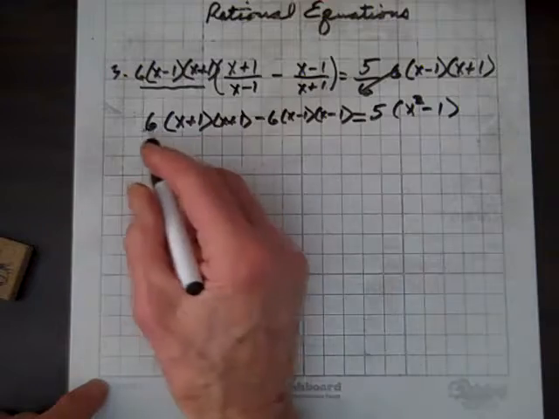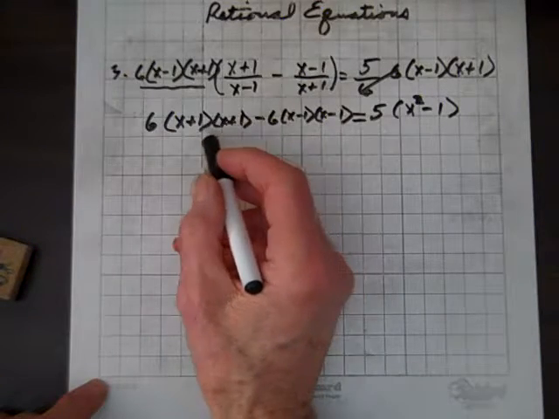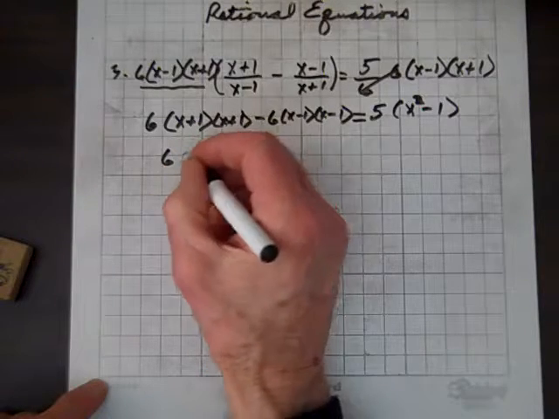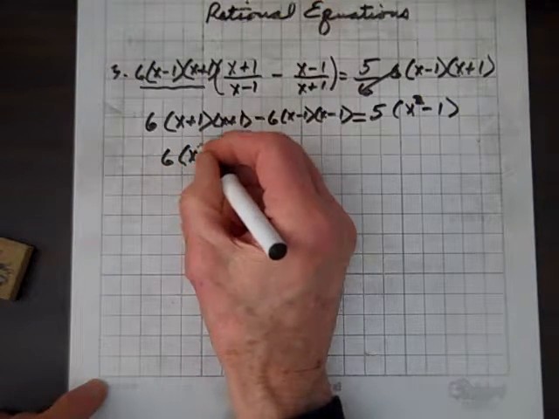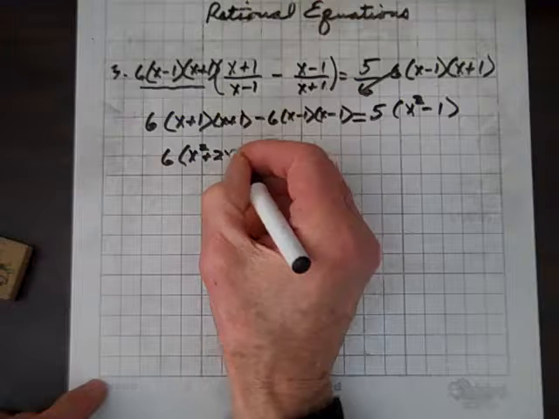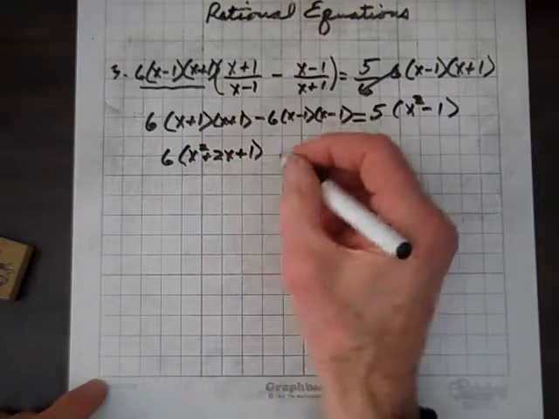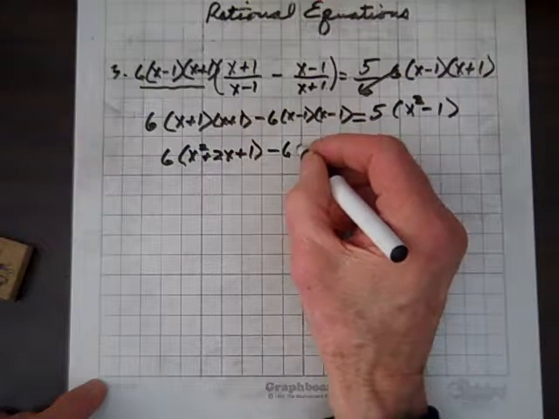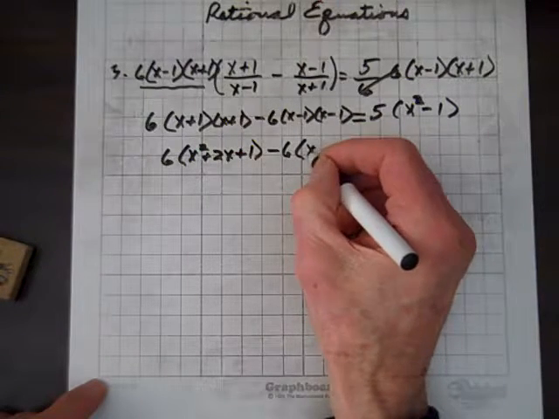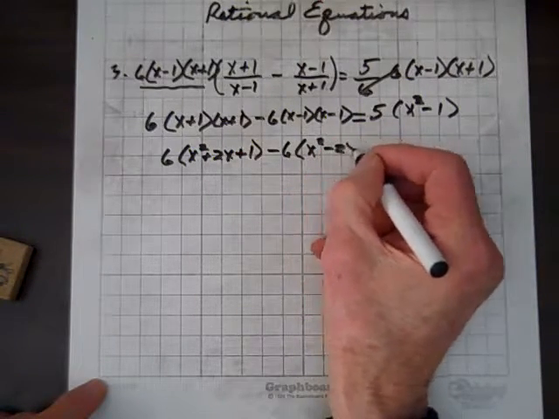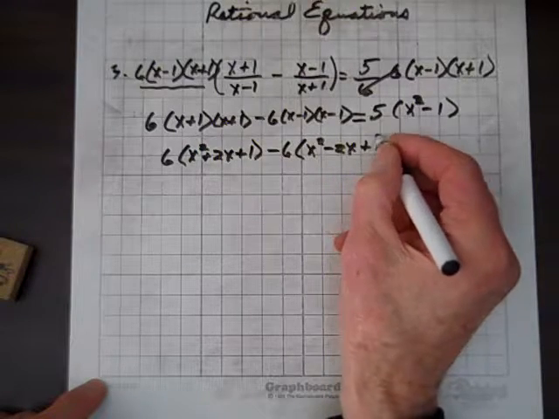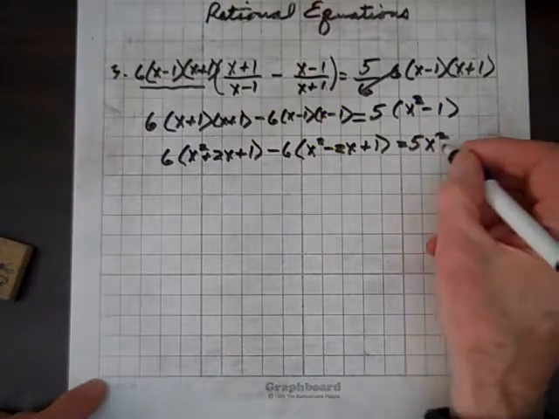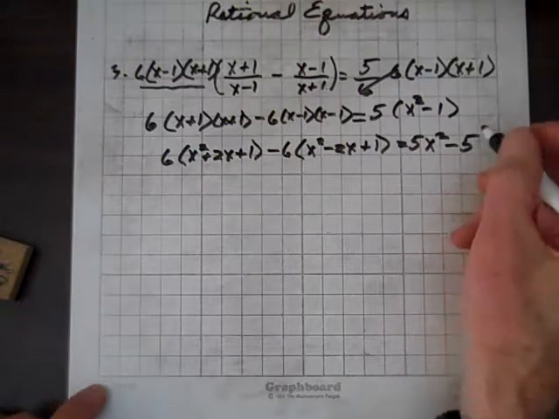Okay, now we'll FOIL this out, and this is just a perfect square. When we square it, we get 6 times x squared plus 2x plus 1. And this is going to be minus 6 times, and again a perfect square, x squared minus 2x plus 1. And that's going to equal 5x squared, distributing that 5, minus 5.